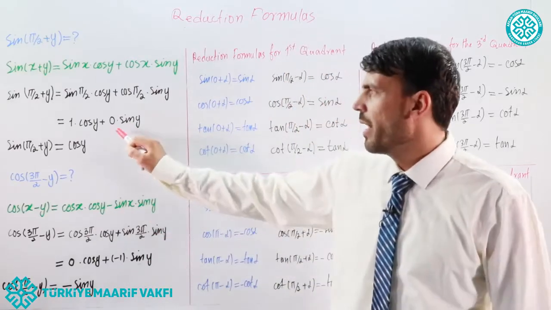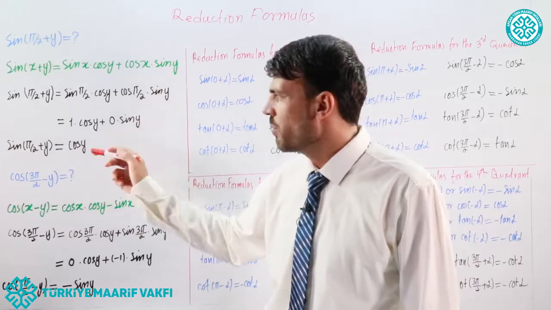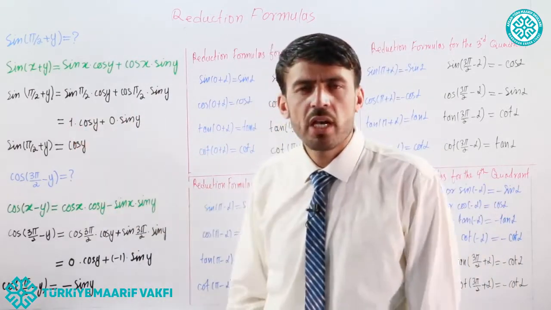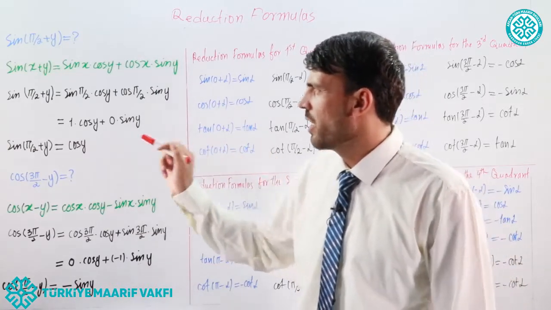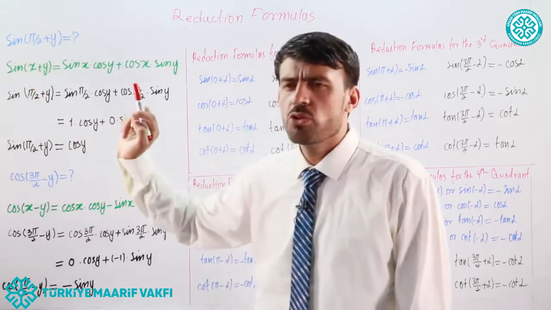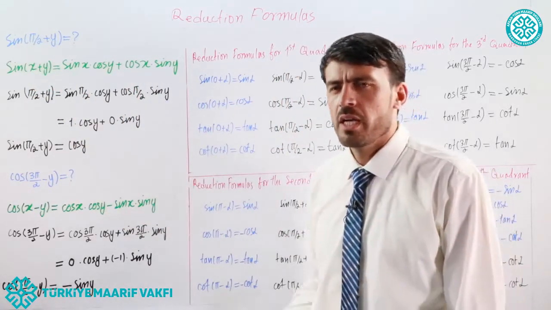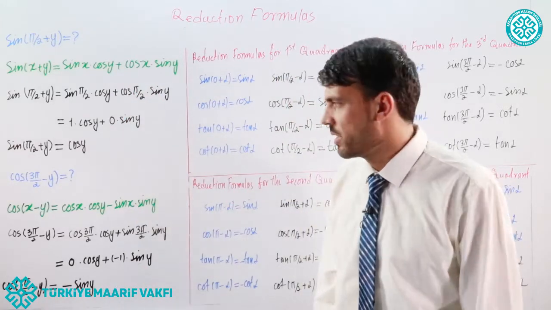If we multiply 0 into sine y, this term will be removed. If we multiply 1 into cosine y, we will have cosine y. So the relation is sine of pi over 2 plus y is equal to cosine y, and we have derived this using the sum formula for sine function.